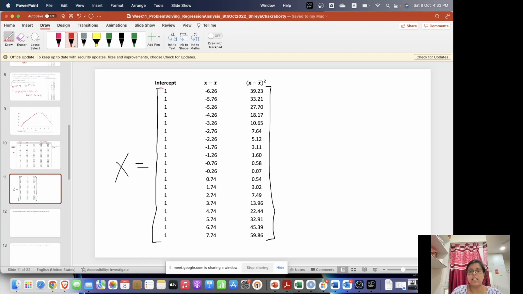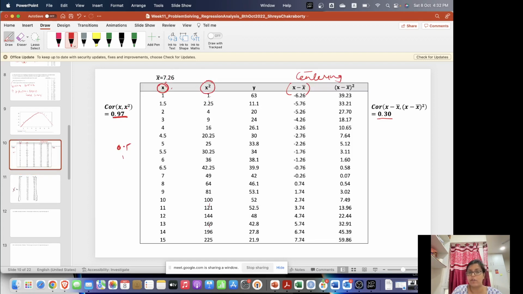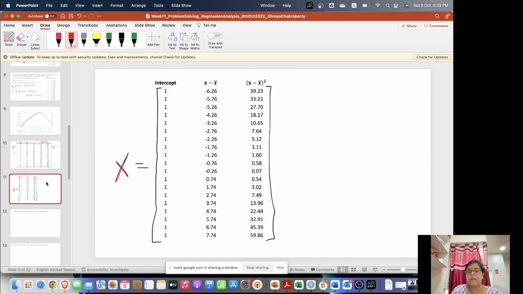Once we have this, it becomes fairly simple. We just need the model matrix, that is the x matrix. Here x bar was 7.26, we just computed x minus x bar and then x minus x bar whole square.